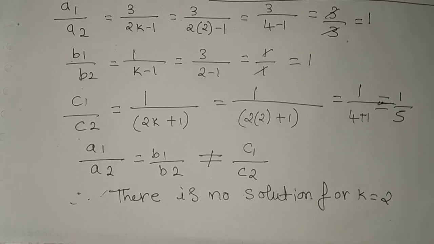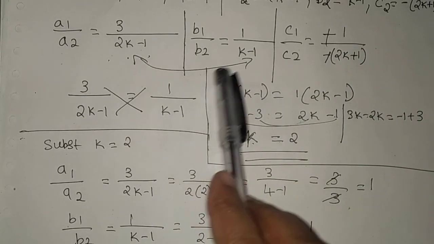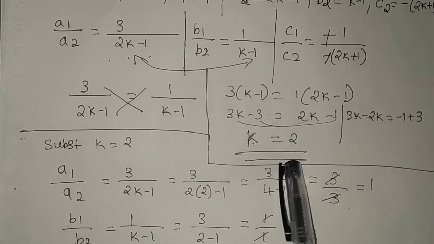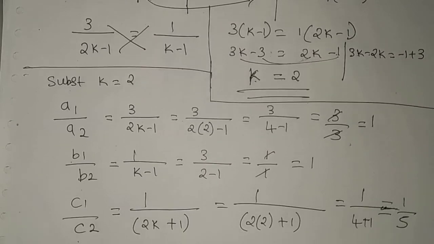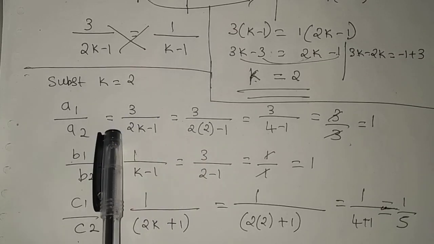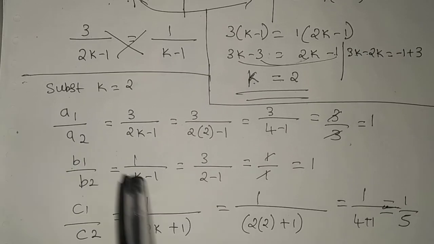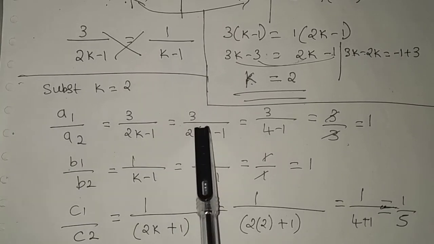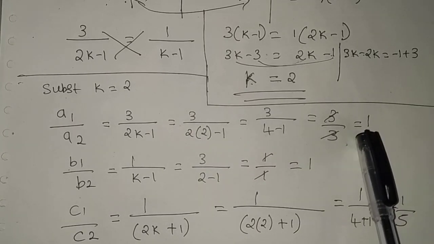Here the only change is, first we take these two values, then cross multiply, and we get k from here. Now what we do? We have to substitute this k in the equations. We take A1 by A2 and substitute for k in this equation, and we get 1.